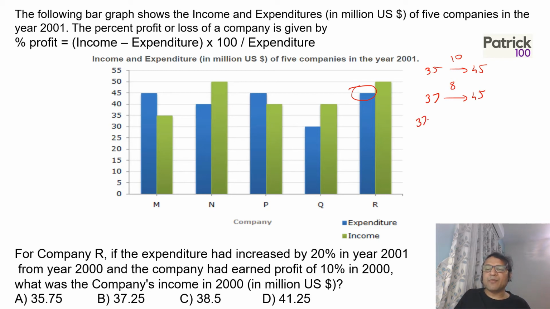So it will be 37 point something, slightly more than 20%. So 37 point something will be the expenditure, approximately. And you earned a profit of 10%. So profit will be 3.7 approximately plus. So automatically the value will be more than 40.7. Only one option, 41.25. That will be the answer.